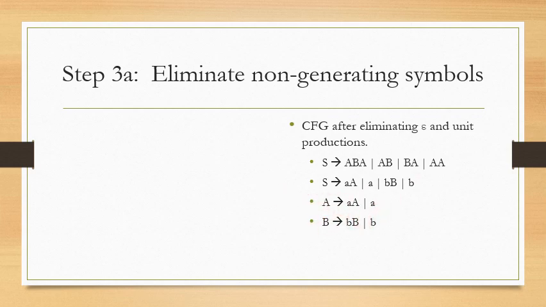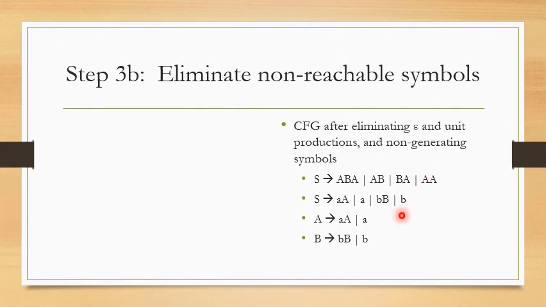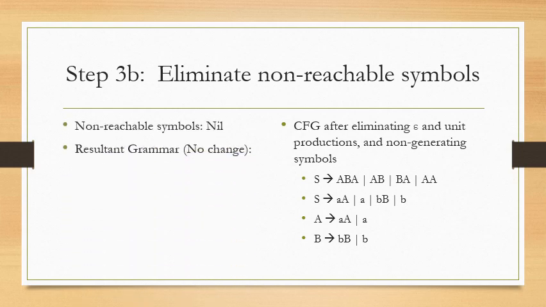So we have no non-generating symbols here, and the resultant grammar has no change. What about non-reachable symbols? From S, A and B are reachable, and there are no more non-terminals. Therefore, there are no non-reachable symbols, so this will be the final grammar.